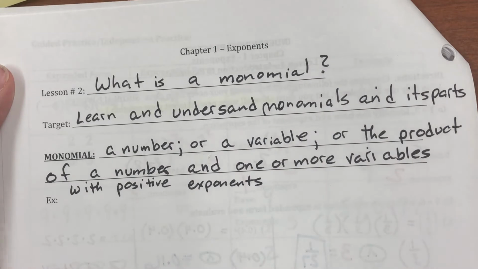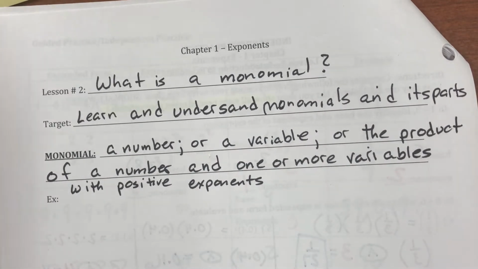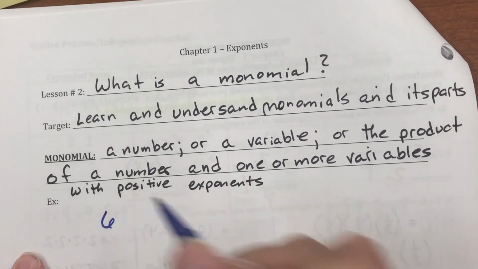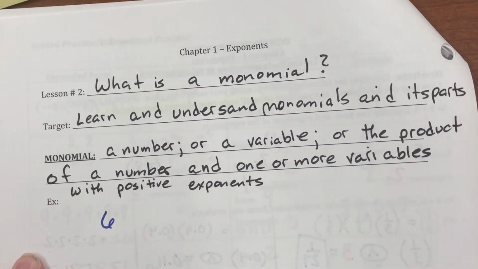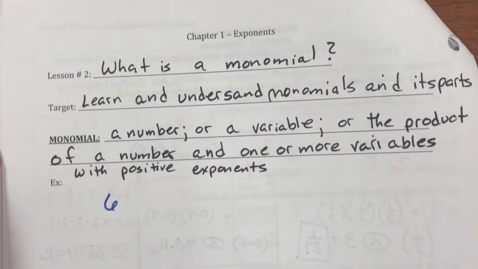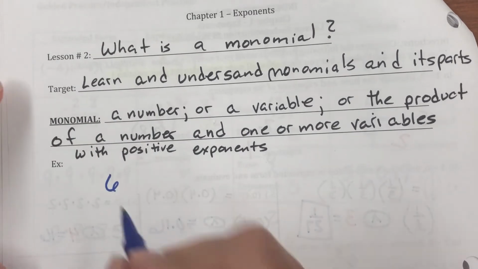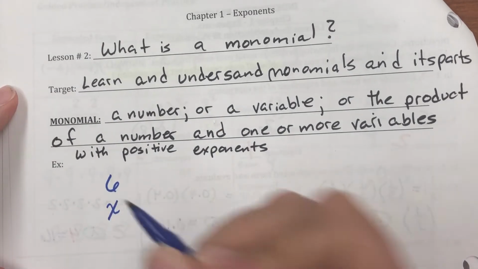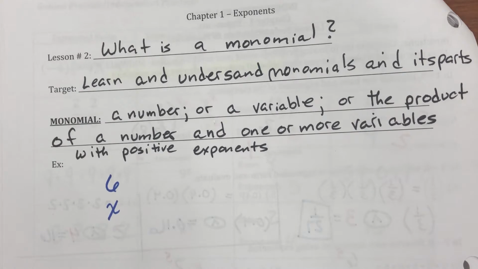So let's get some examples. So I said that 6 could be a monomial. Any whole number, 5,280, that's a monomial. I also said that x is a monomial. Y is a monomial. Any variable is a monomial.